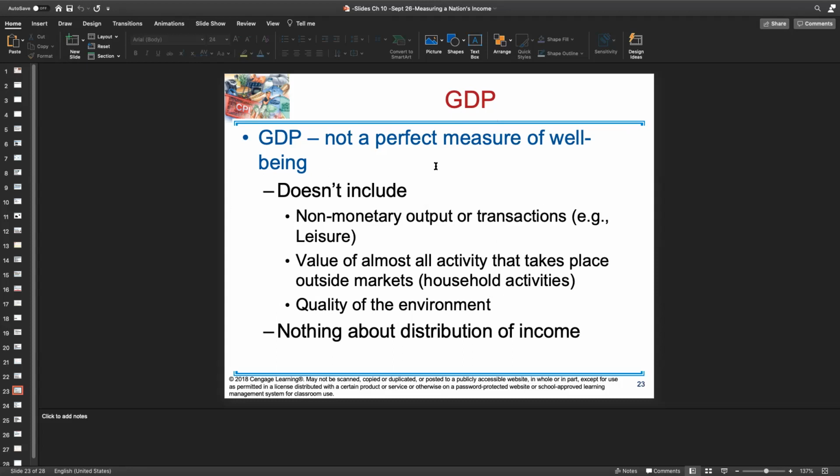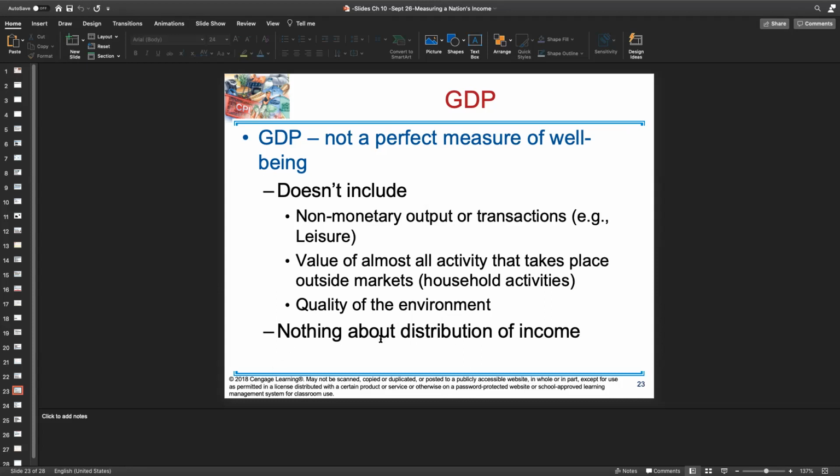So it's not a perfect measure of well-being, of course. And it doesn't take into account the quality of the environment. So if an entrepreneur doesn't care about the environment and the entrepreneur's factory is polluting the air, the GDP only takes into account the dollar value production of that factory and is not taking into account the air pollution that factory is producing in the environment.